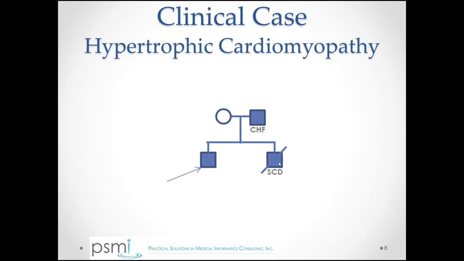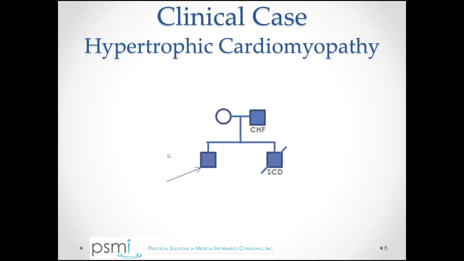Roughly half of these cases of hypertrophic cardiomyopathy are familial, and of those that are familial, the typical inheritance pattern is autosomal dominant.